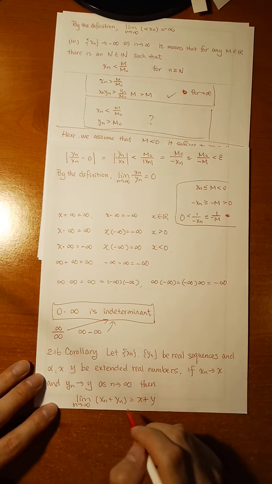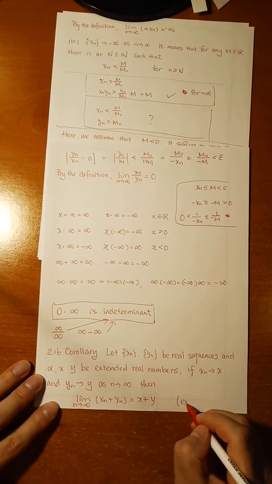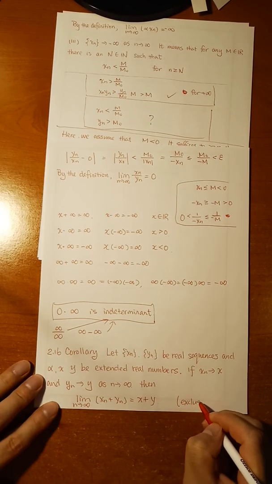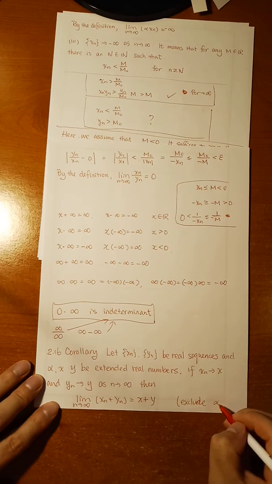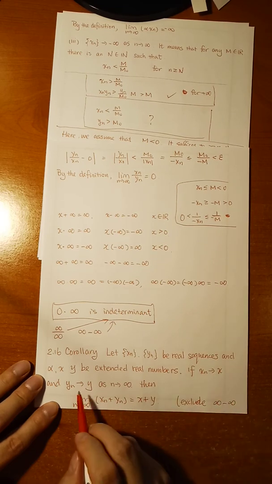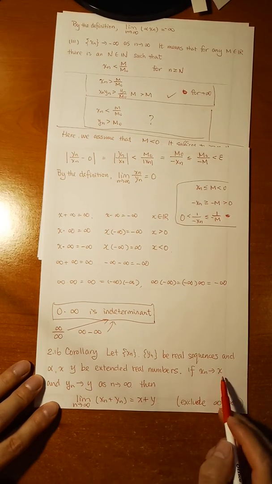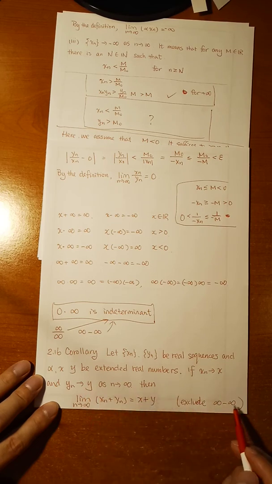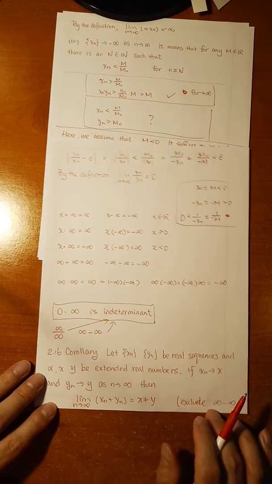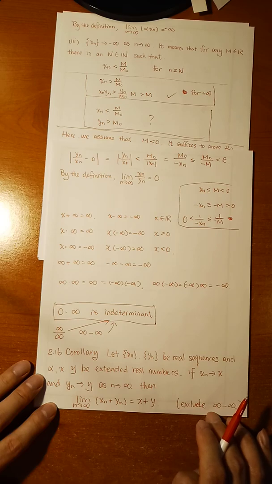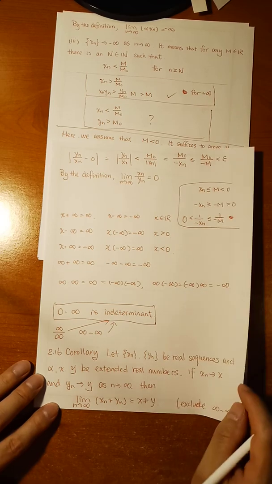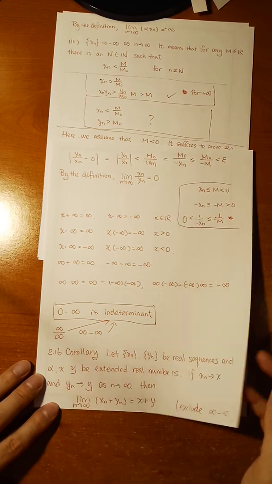Of course, this part excludes infinity minus infinity. In this case, you cannot let x be positive infinity and y be negative infinity. That one is excluded. So indeterminate form.